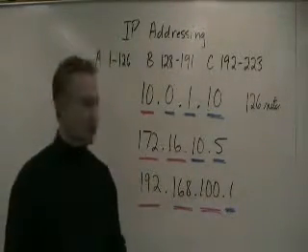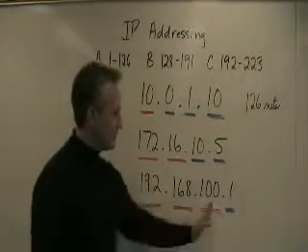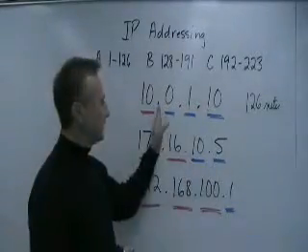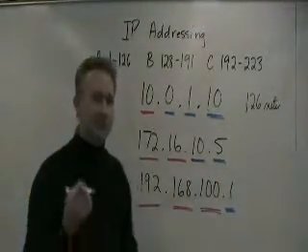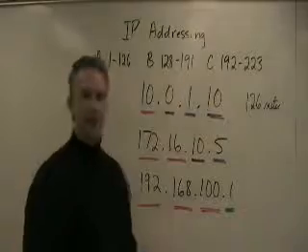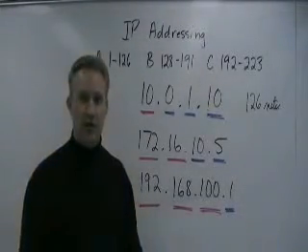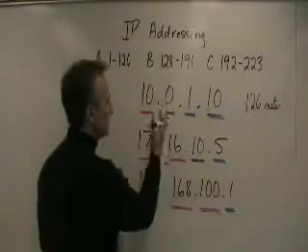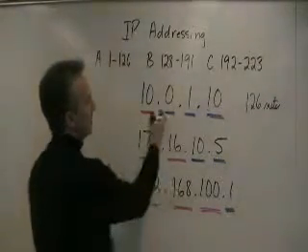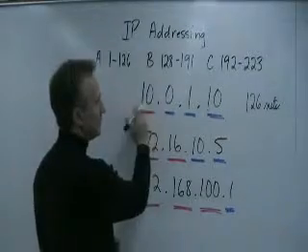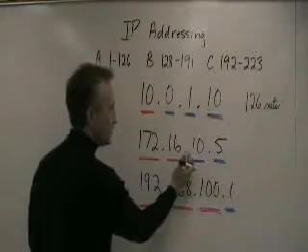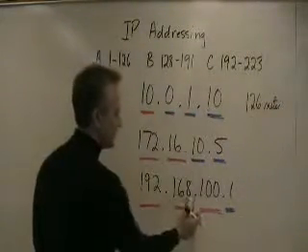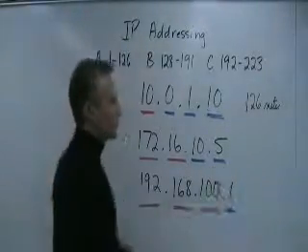Because we have to remember, we can look at this and see here, here, and here, but computing devices aren't able to do that unless we tell them how. The subnetwork mask is what allows us to tell a device that a Class A address will be divided here, network and host, Class B here, network and host, and Class C here, network and host.